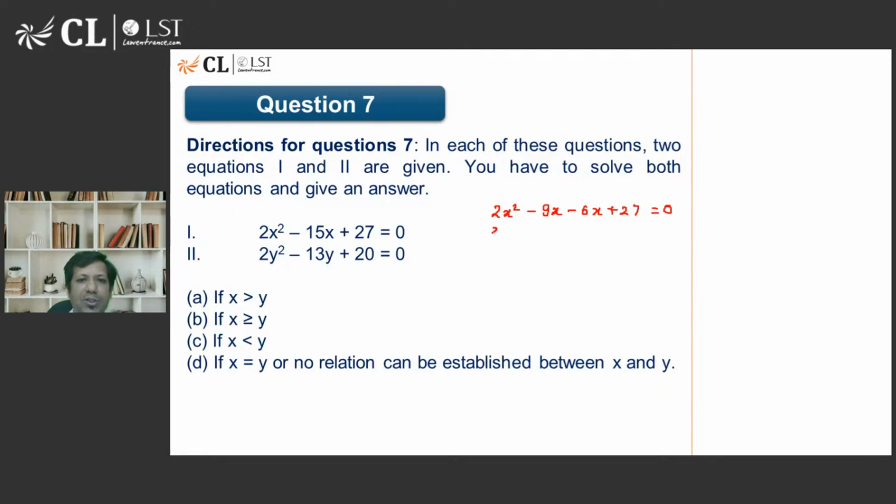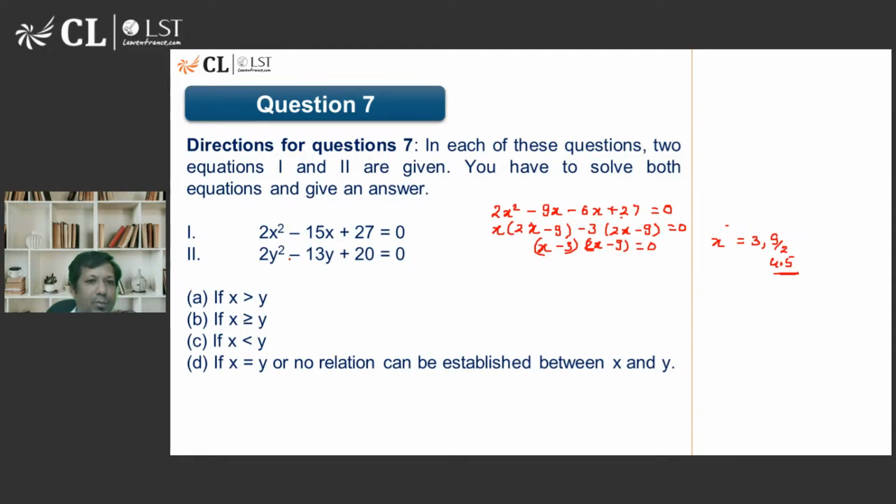So let's take x common. x(2x minus 9) minus 3 common, (2x minus 9), and that's equal to 0. So from here we are going to get (x minus 3)(2x minus 9) is equal to 0. So this statement gives me two values of x. One is 3, second is 9 by 2. So 9 by 2 can be said as 4.5.